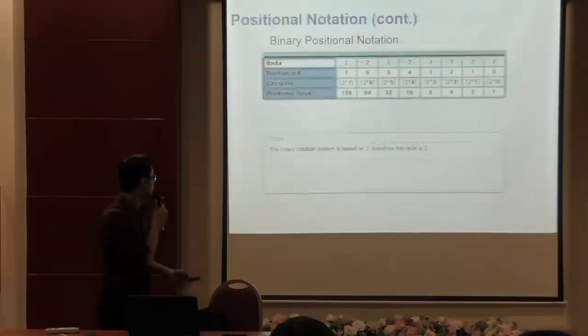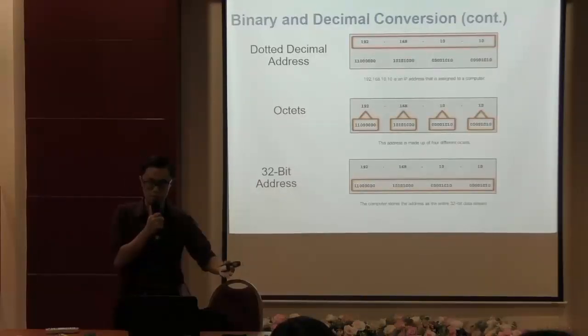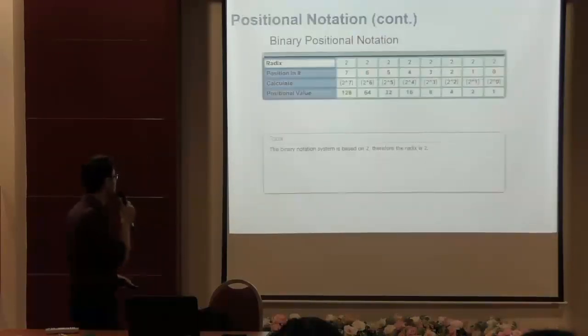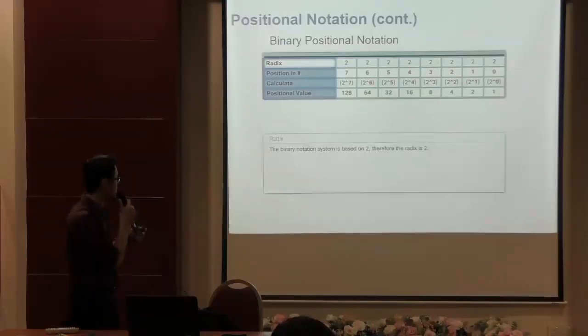So how do we get from decimal to binary and binary to decimal? We have to calculate to get the exact result. First you need to arrange the positions. This is the binary position notation.